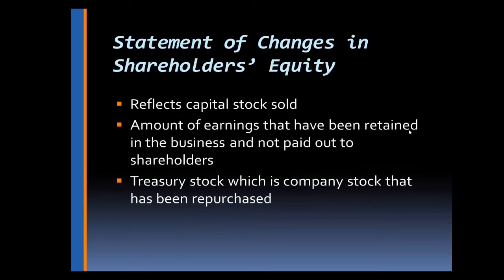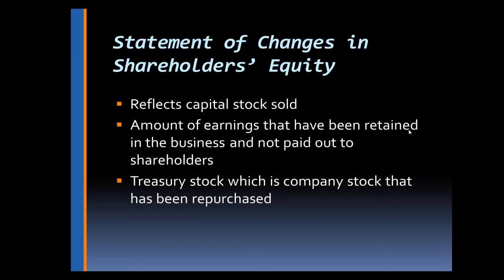The statement of changes in stockholders' equity reflects the capital stock that has been sold and the amount of earnings that have been retained in the business and not paid out to the shareholders, which is known as the retained earnings. Also, you will see the item treasury stock on the statement of changes in stockholders' equity for the AmerisourceBergen Corporation.